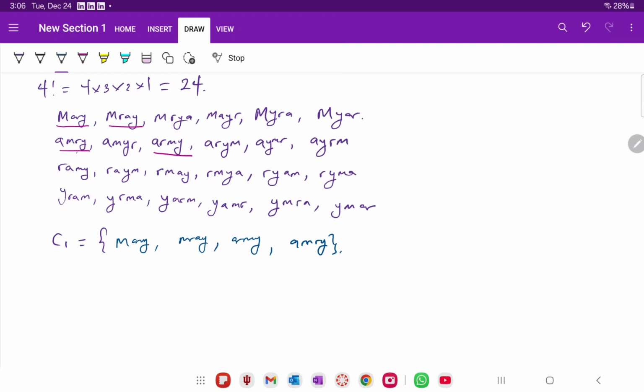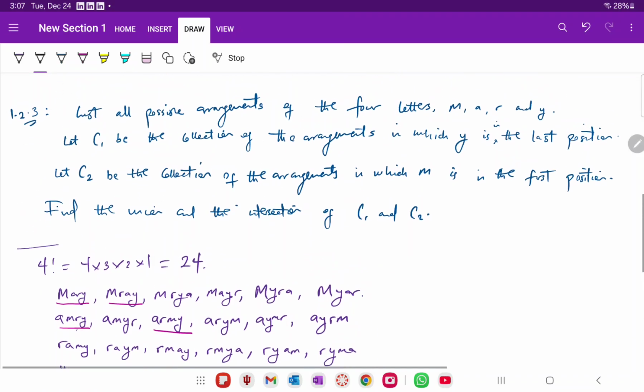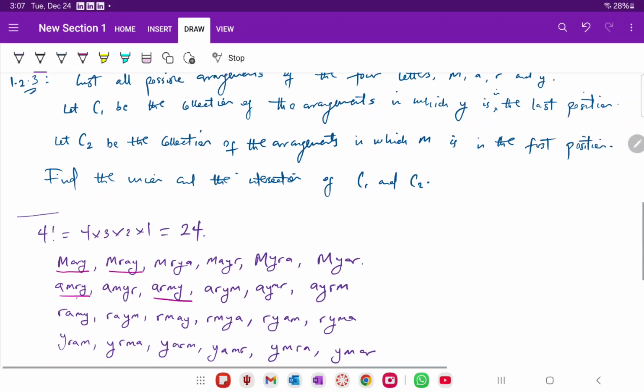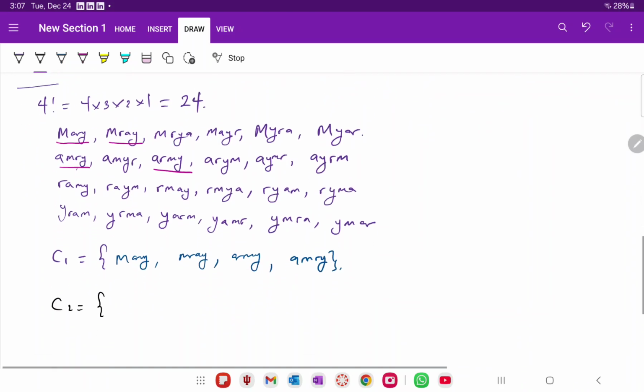Okay, then for C2, we have C2 to be the collection of arrangements in which M is in the first position, and that is the whole of this. That is MARY, EMRY.